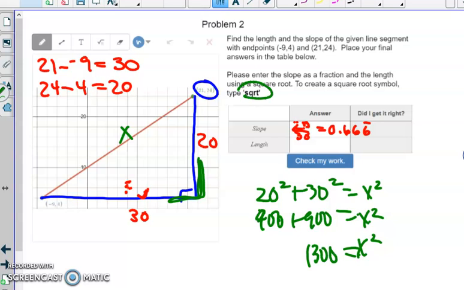You can type in the square root symbol and then 1300. So it's going to be somewhere between 30 and 40. The computer will give you that answer, and I got 36.056.